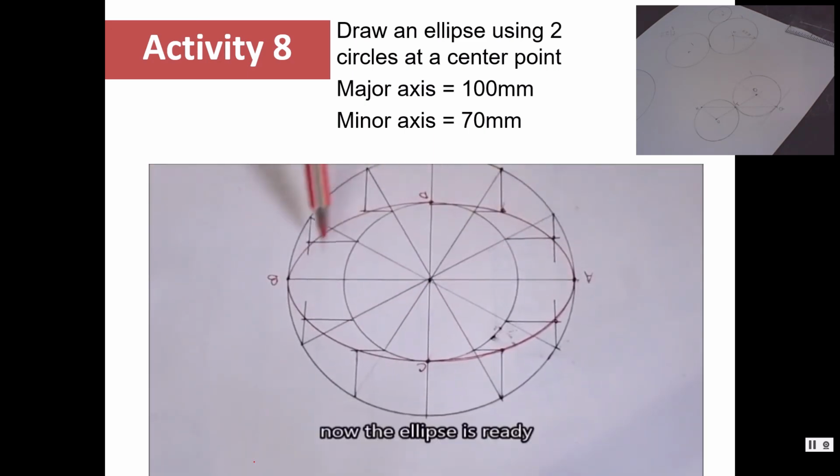So at the end, you get an ellipse. This is one of the methods to draw an ellipse. There are several other methods that we can use in order to draw an ellipse. You can find them on the internet.